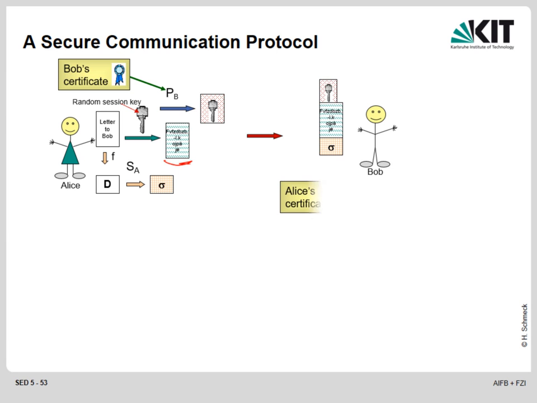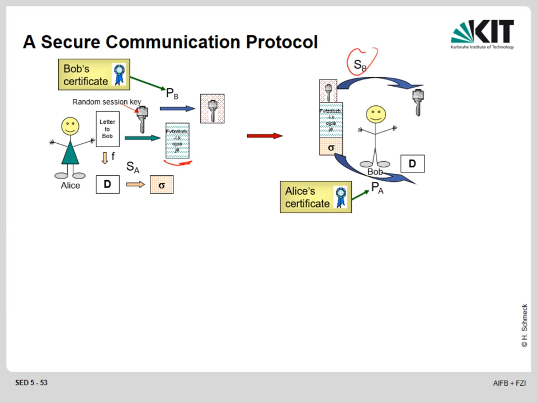And Bob can now use Alice's certificate, which has to be sent together with that signature, can take the public key from the certificate, use the public key to get the digest that was generated by Alice, and can decrypt the session key using his own secret key.